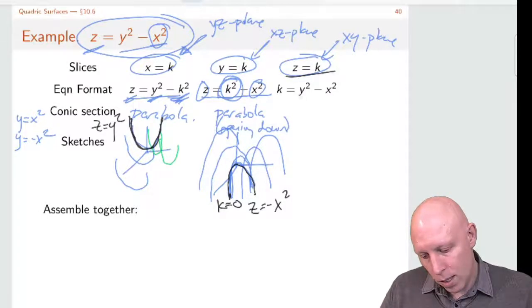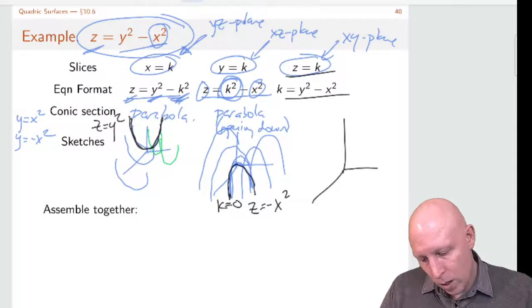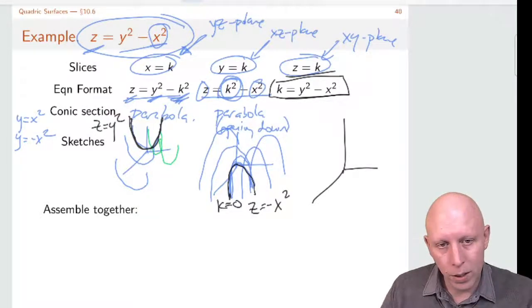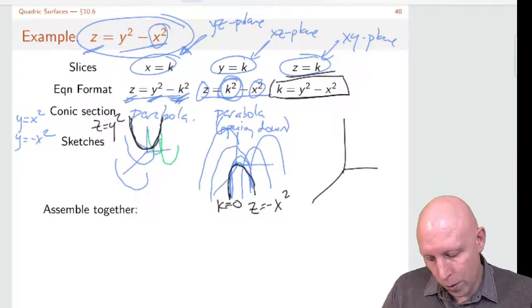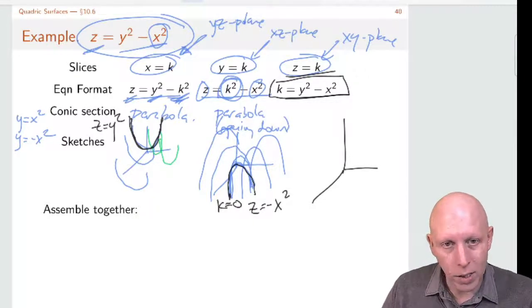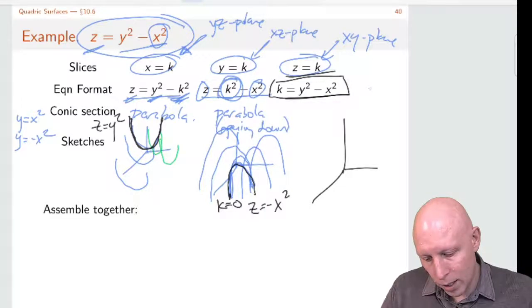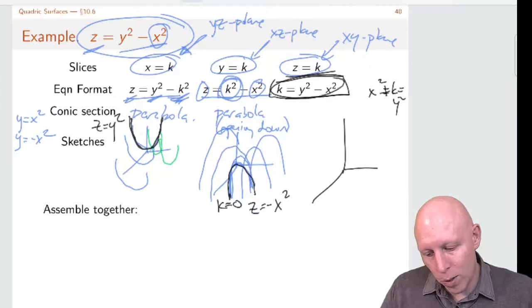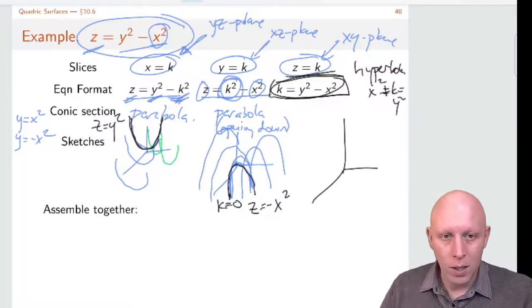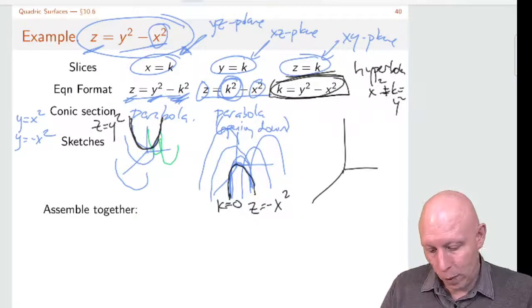All right, last is the xy plane. For the xy plane, what we have is k is equal to y squared minus x squared. What's that conic section? Something that looks like y squared minus x squared. That's a hyperbola. That's been a while, right?